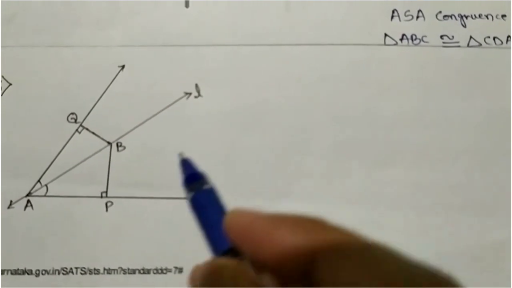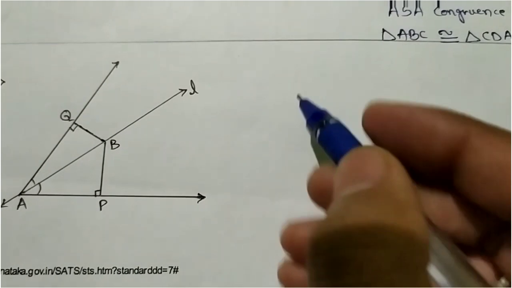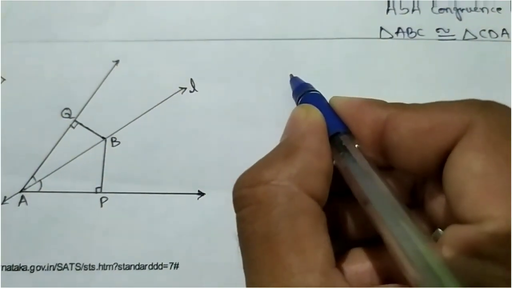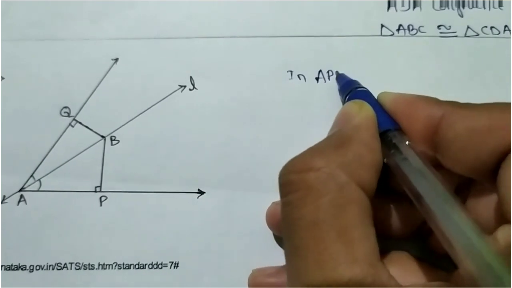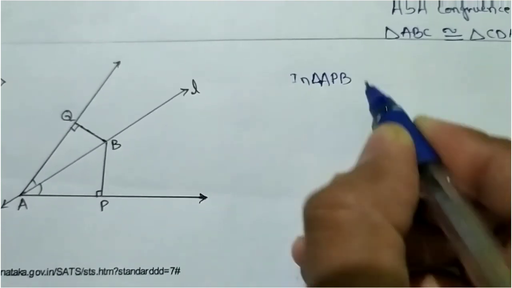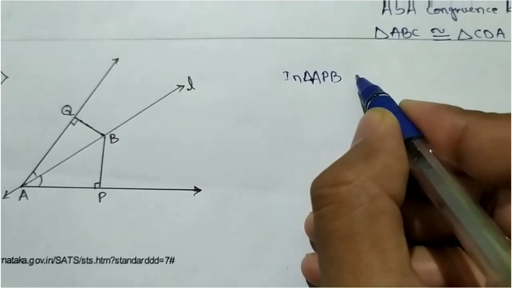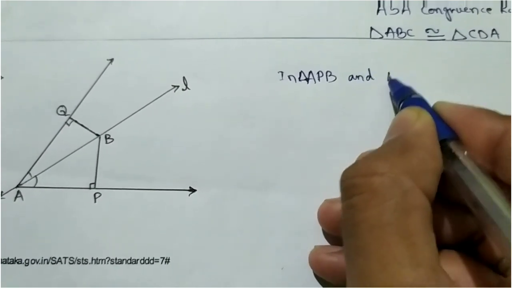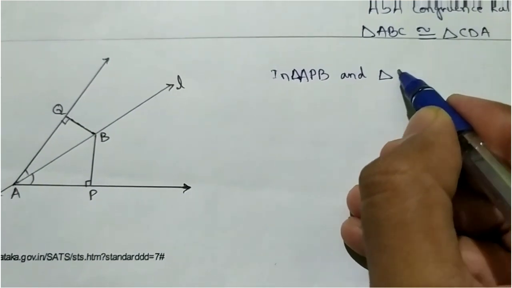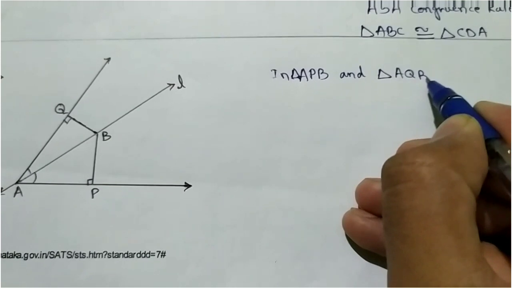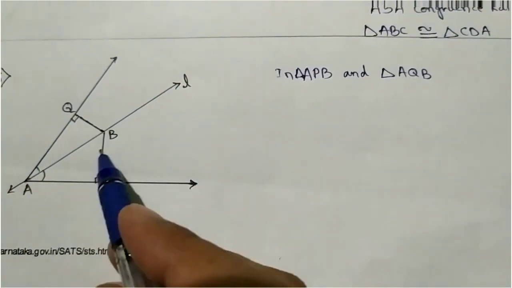Now draw the diagram neatly along with the triangles. In which triangle? In triangle APB and another triangle, AQB. Okay, so first start with the given points.